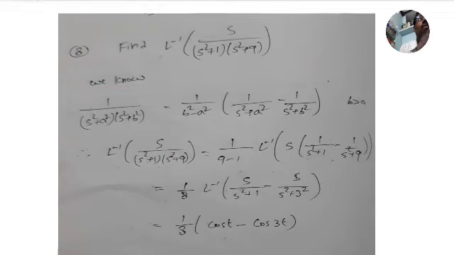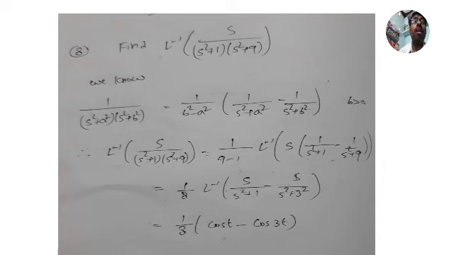So everything is same. Here numerator you are getting s. So keep numerator as it is. So instead of L inverse of 1 by s square plus a square, now you are getting the formula L inverse of s by s square plus a square. That is, instead of 1 by a sin at, you are writing now cos at formula.